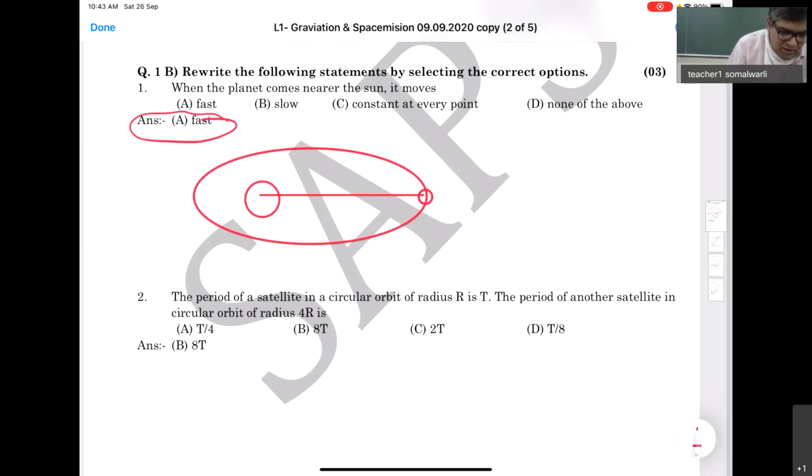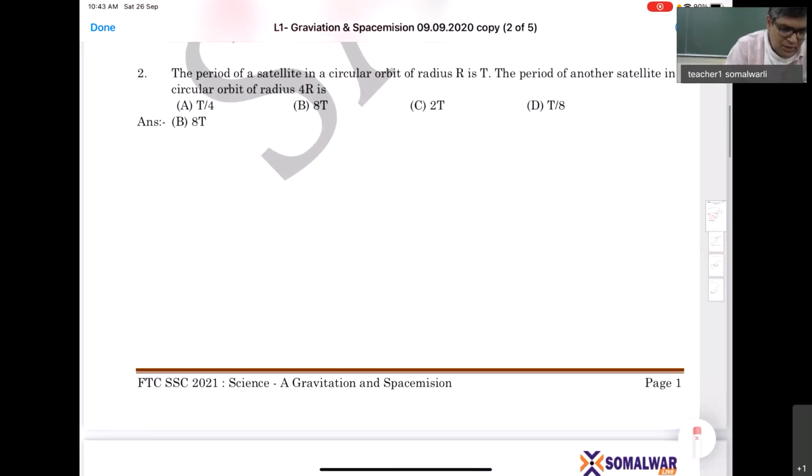So by that law, when the planet comes near the star, it has to cover the same amount of area, and for that to happen, it has to cover a larger distance in the same time, and for that reason its linear speed must increase, and therefore we say that as it approaches the sun it becomes faster.